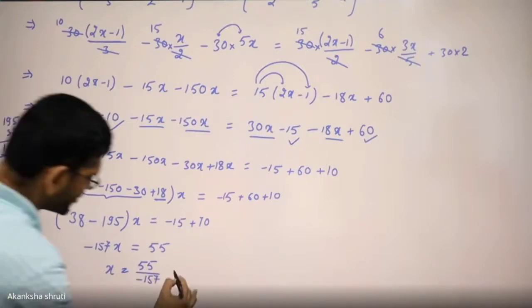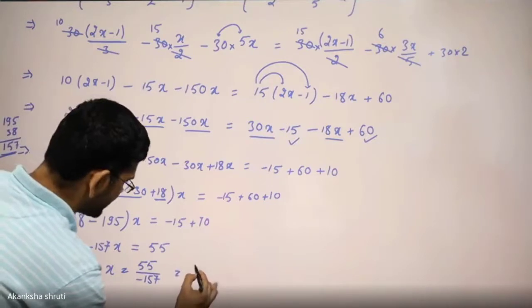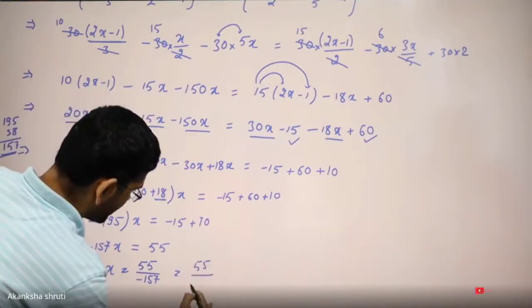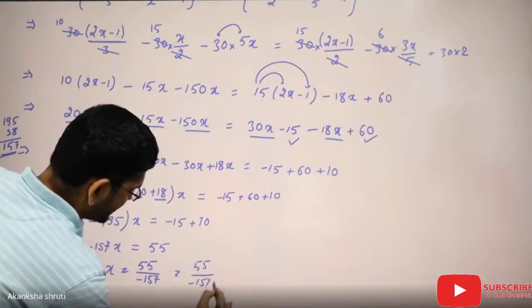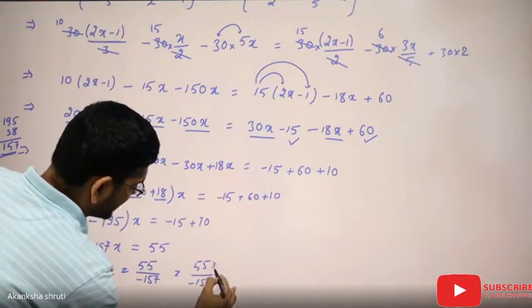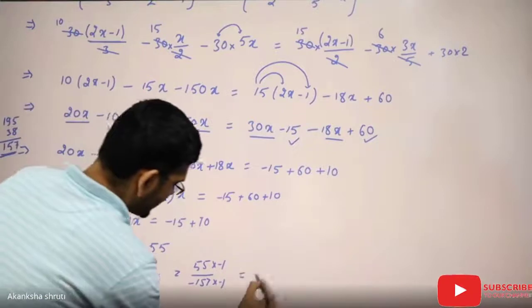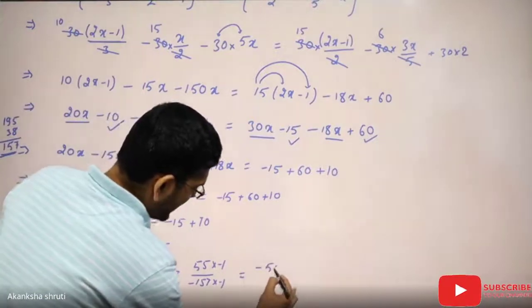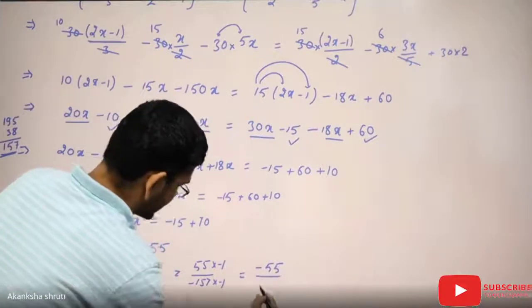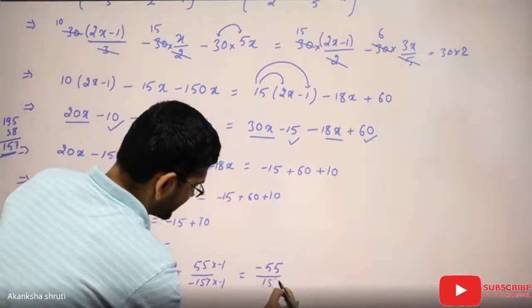Even this can be written with the negative sign in the numerator. 55 by minus 157 needs to be multiplied with minus 1. Why? To bring this negative sign in the numerator, it becomes minus of 55, but the minus sign becomes plus 157.